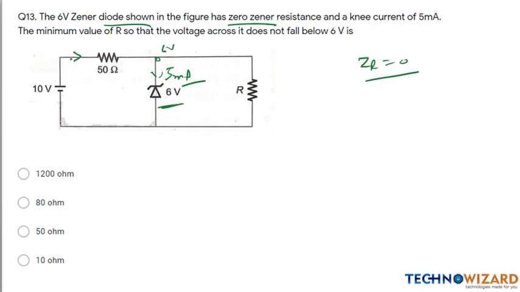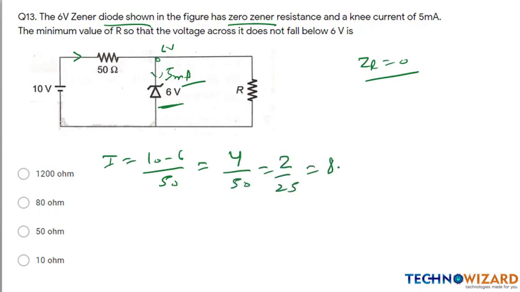Therefore, I can find the current flowing through this. I is equal to (10 minus 6) upon 50. 10 minus 6 is 4 upon 50, which is equal to 2 upon 25, which is 80 milliamps.